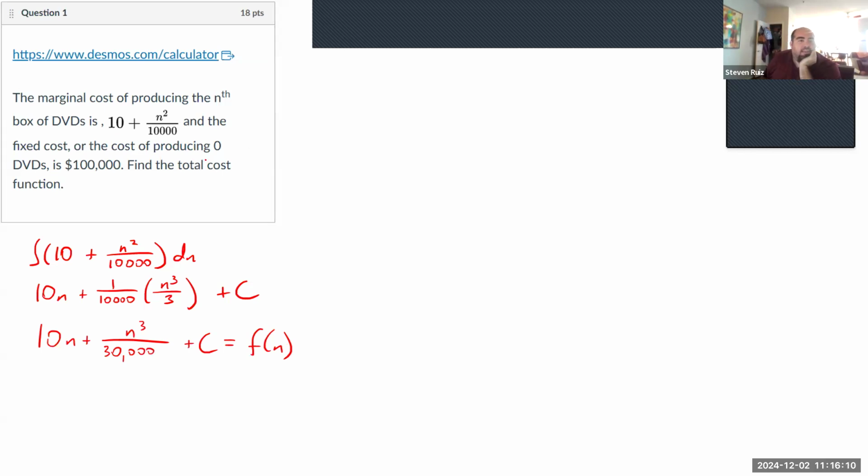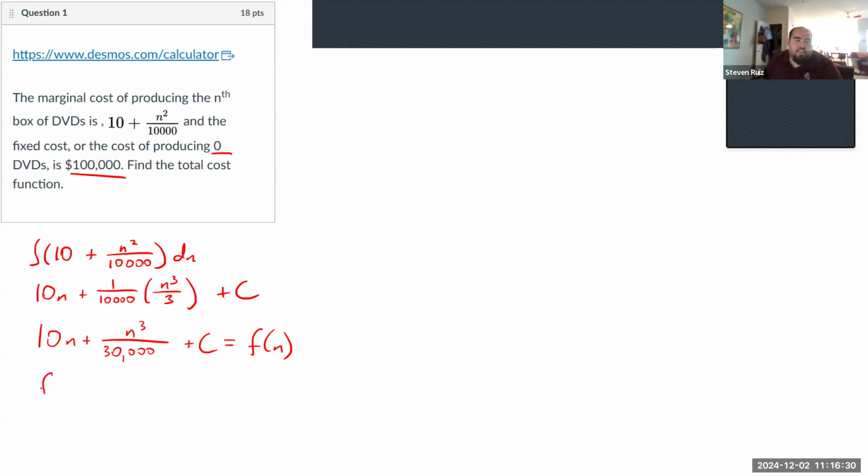So the fixed cost, basically, that's the overhead. How much does it cost to produce nothing? So basically, how much does it cost for payroll, keeping the lights on, rent, those kinds of things. So I know when n equals 0, my cost is 100,000.